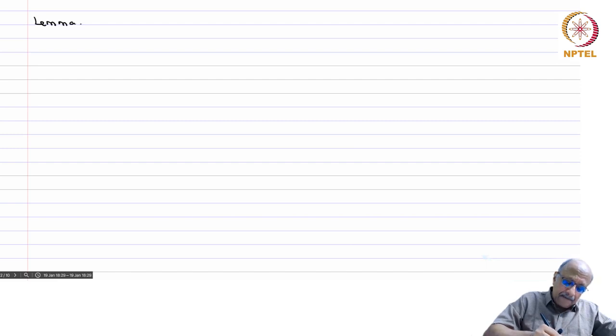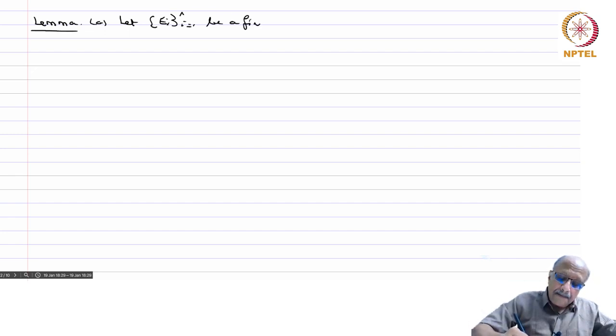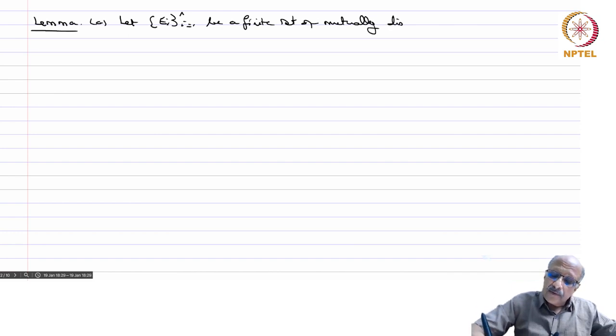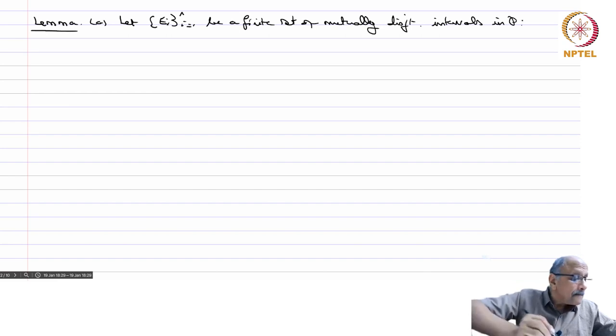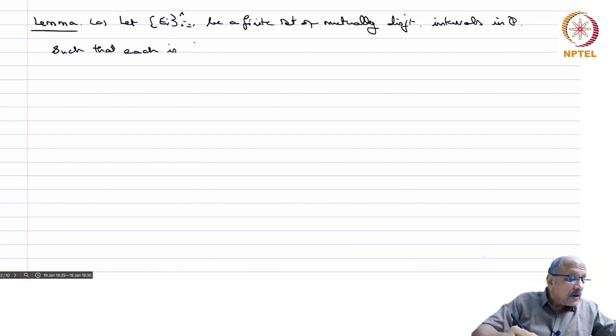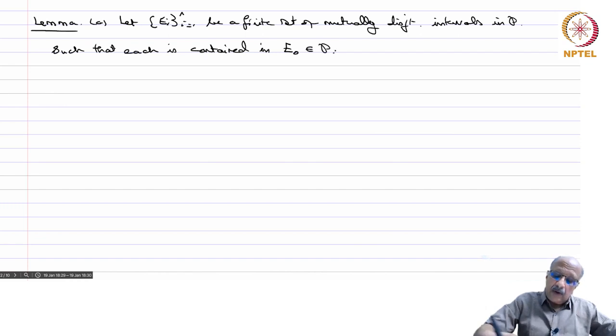So lemma 1, (a): let Ei, i equal to 1 to n, be a finite set of mutually disjoint intervals in P, such that each is contained in E naught, which also belongs to P. So you have a disjoint set contained in E naught, then here is the first obvious result: the sum over i equals 1 to n of mu of Ei is less than or equal to mu of E naught.